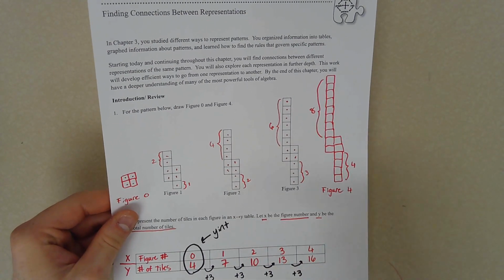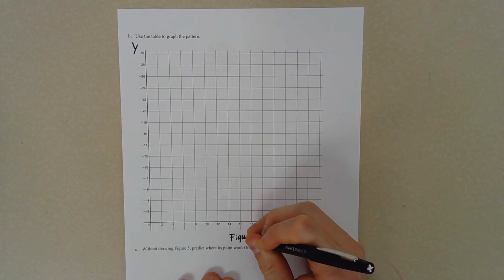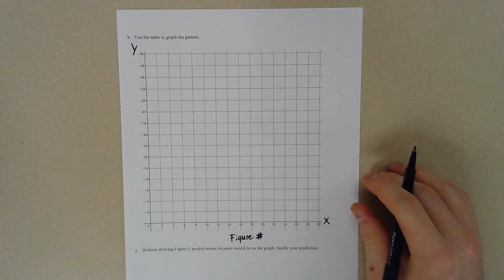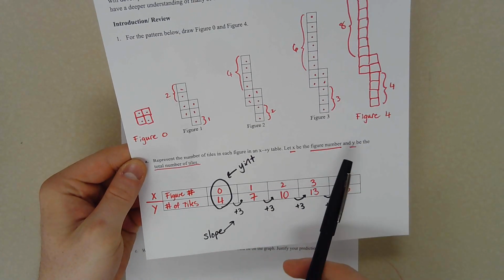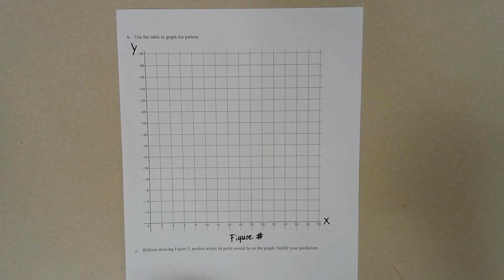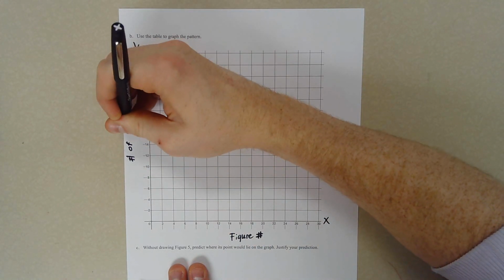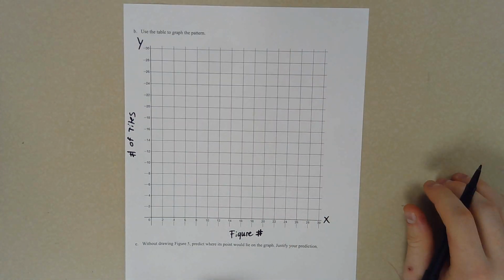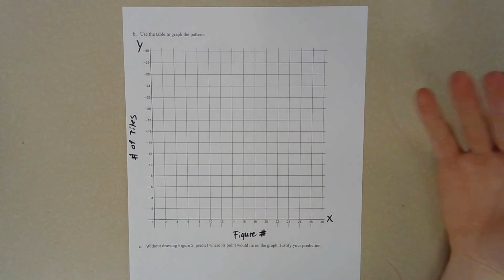We also labeled it in our table right there. So let's go ahead and write figure number. Our y, according to our sheet here, is the number of tiles, or the total number of tiles. So I'm going to go ahead and write number of tiles. So we know when we're looking at this graph what we can be saying specifically about the data.